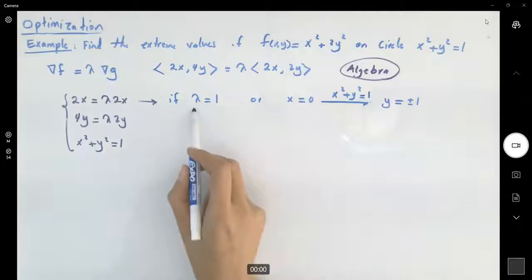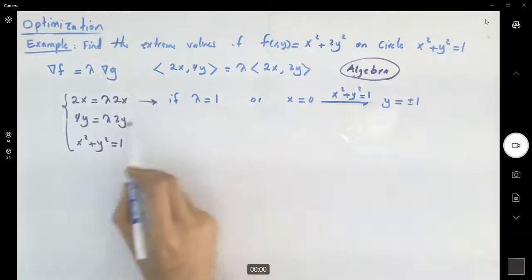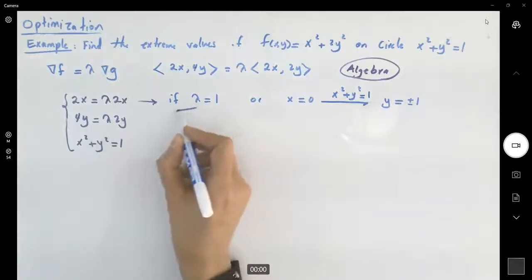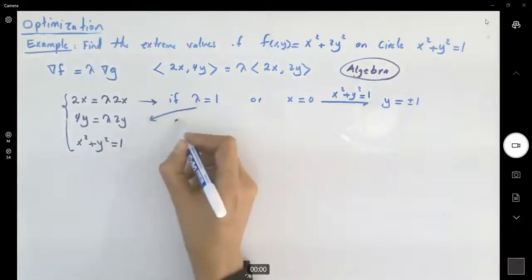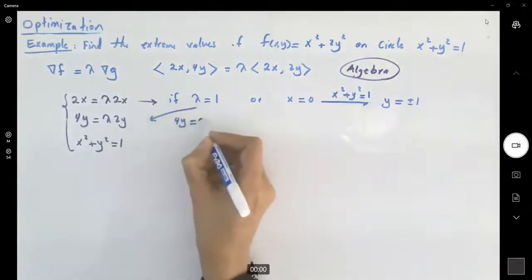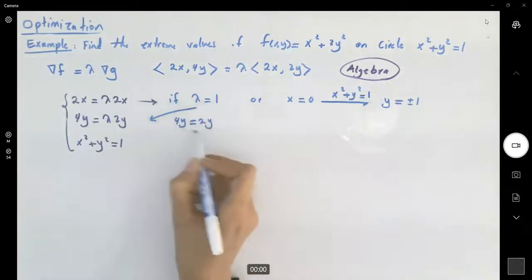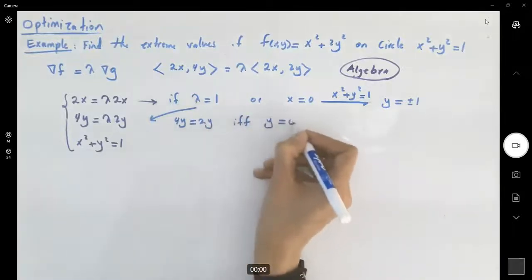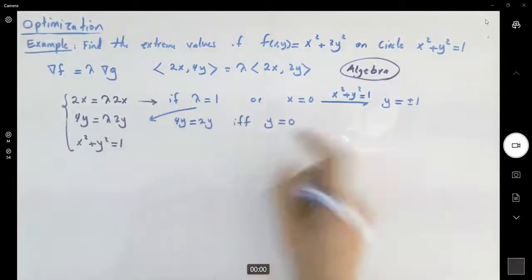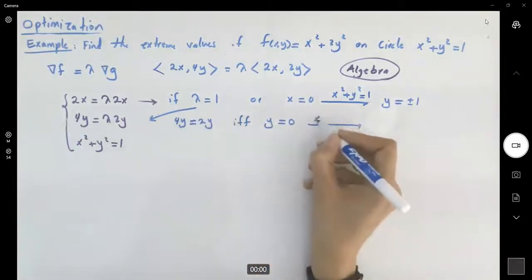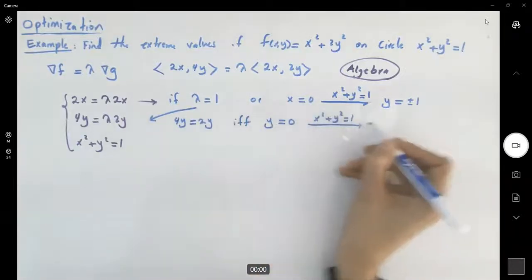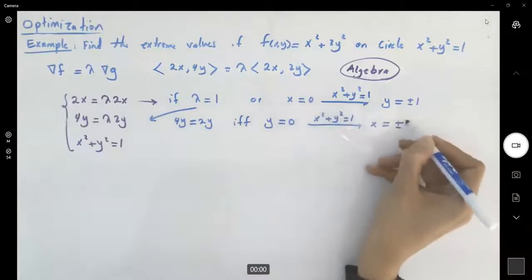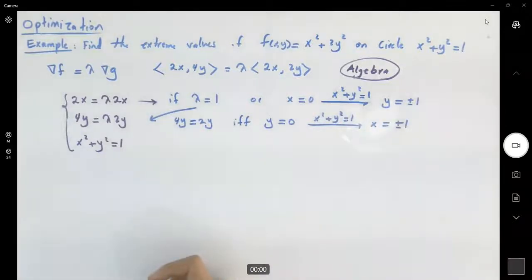If lambda is equal to 1, what do we have here? Lambda equals 1, it says 4y is equal to 2y, and this equation is true if and only if y is equal to 0. If y is equal to 0, into the constraint, you get x equals plus or minus 1.